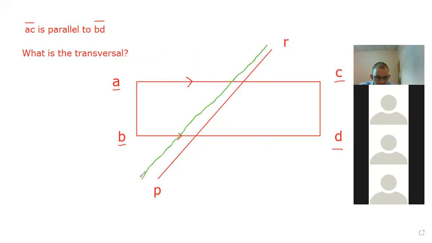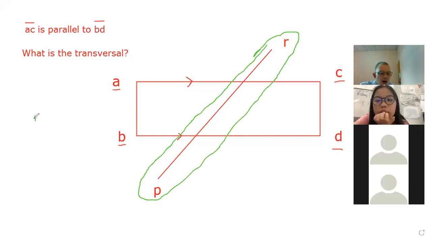It is this line right here. Can anyone give me the name of this line, please? What is the name of this line? PR. Very good, Jasmine. PR, that's the name of this line.